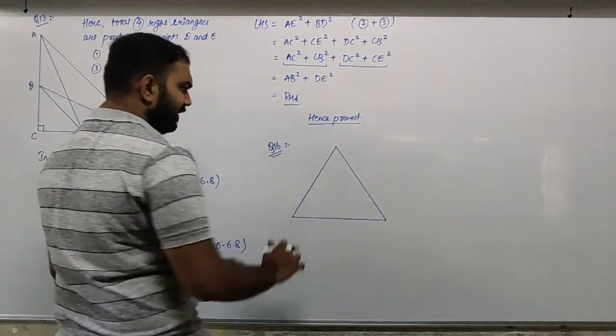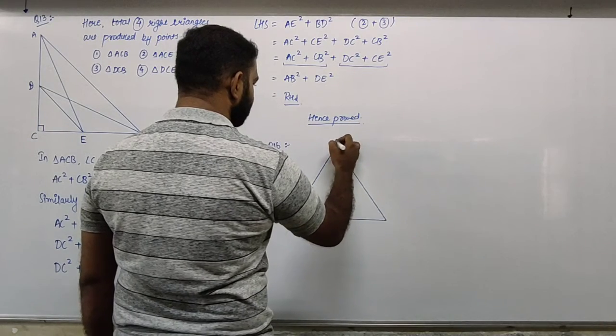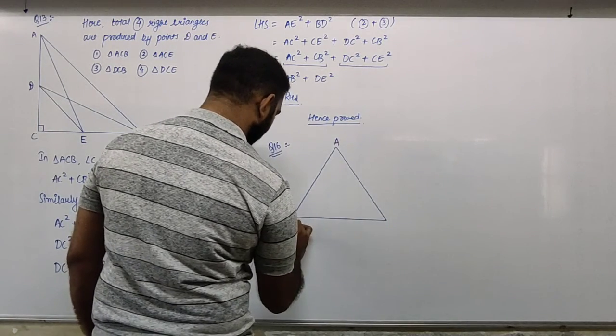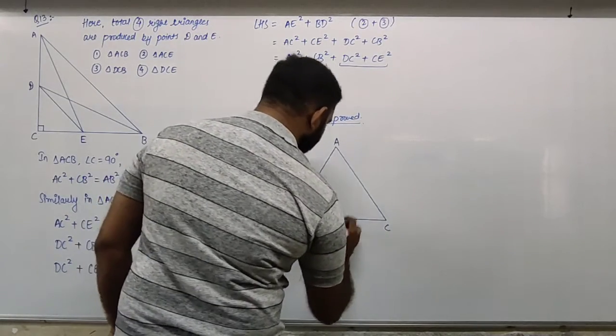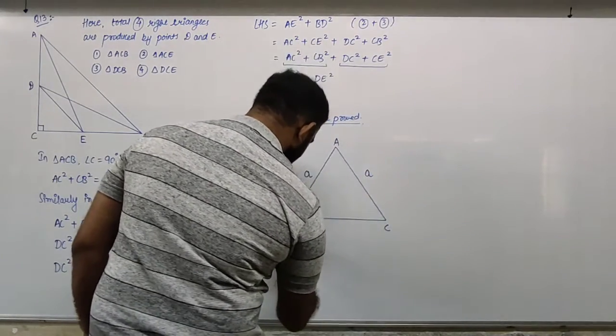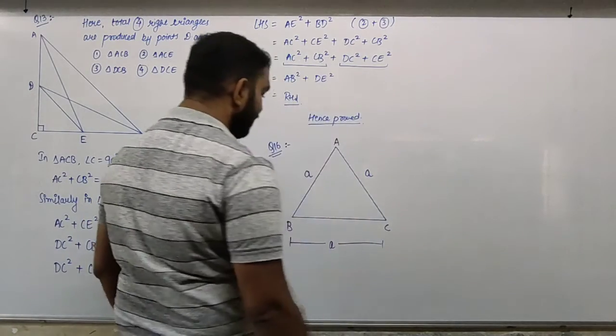So that is an equilateral triangle, suppose that is A, B, C, of sides a units.